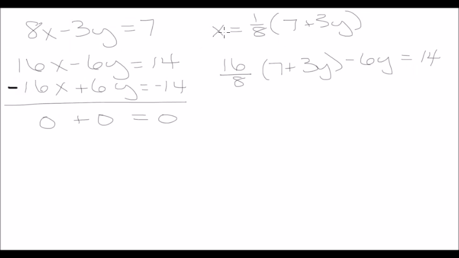So there I just took this x expression and I plugged it into the second equation for x. If I then multiply it through, this is equal to 2, so I get 14 plus 6y minus 6y equals 14, or I get the exciting expression that 14 is equal to 14.